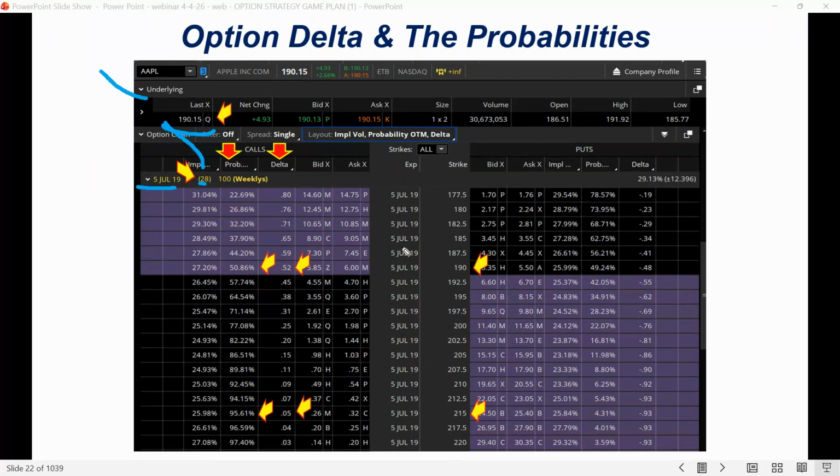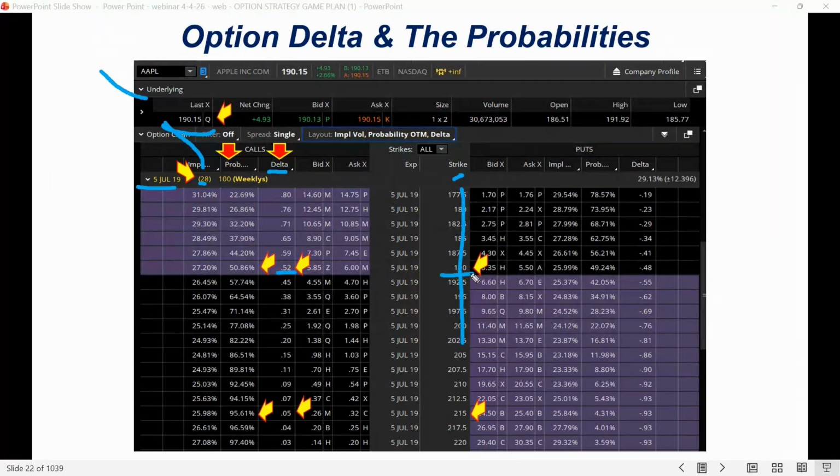Now, if we look down to the at the money strike, right there at the 190 strike, you can see that it has the option delta, it says 52, so 0.52 or 52. So the way that you can look at that is that if you were to buy or sell that 190 strike, there's a 50% or 52% probability that price will be at 190 or below at expiration, or 190 or above, all right?